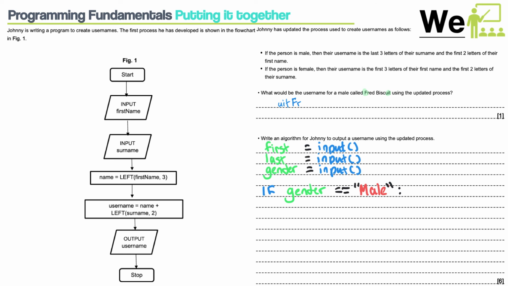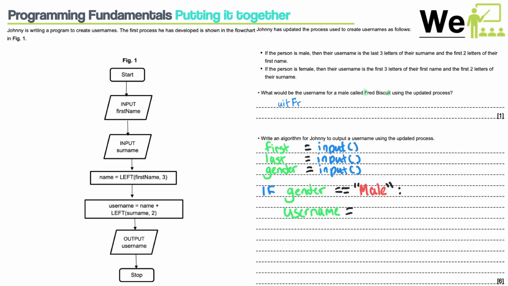Okay? So what do I need to do then? Well, I need to generate the username. So the username is going to be equal to this thing here. So it's the last 3 letters of their surname and the first 2 letters of their first name. So to do the first 3, we did left, so it's on the left side. Now we're going to go on the right.